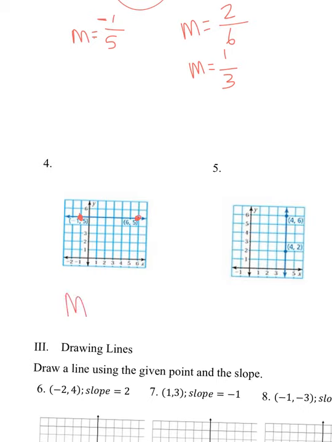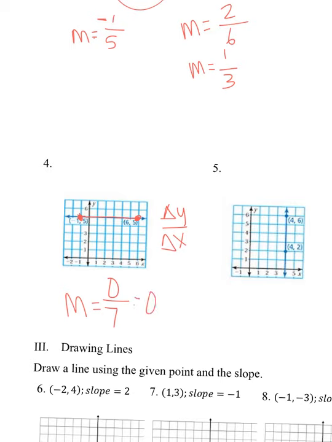My slope, change in y over change in x, delta y over delta x. Rise, I'm not rising any, so that's 0. But running, I'm going to run 1, 2, 3, 4, 5, 6, 7. So the slope of a horizontal line is actually 0.